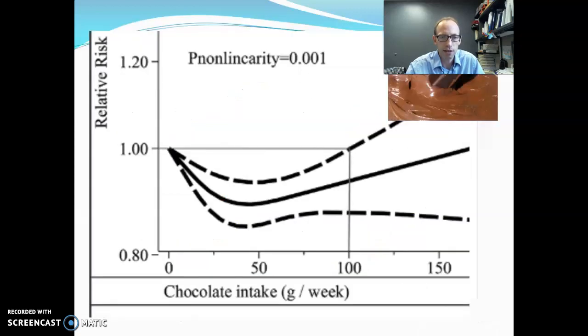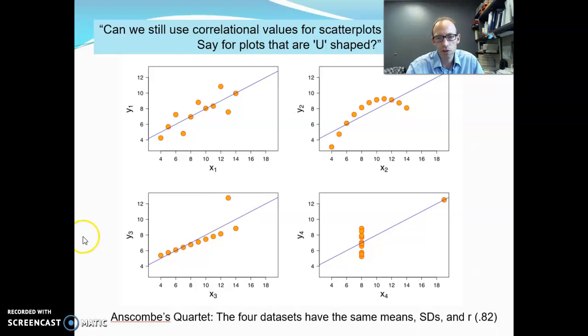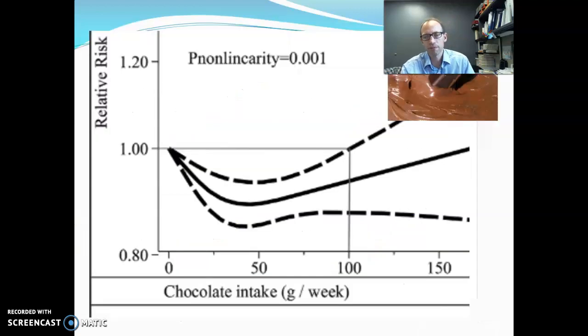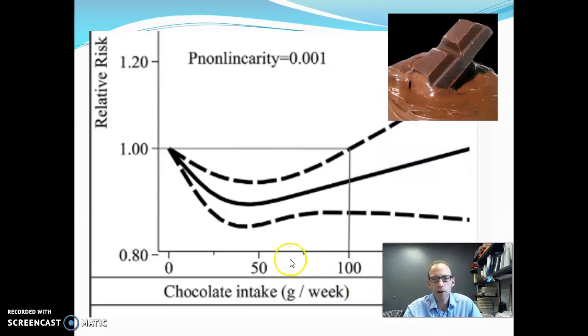So what does it look like to have a nonlinear relationship? Well, here's a case of chocolate intake, and there's quite a few variables like this in the medical field, which is called a J curve.